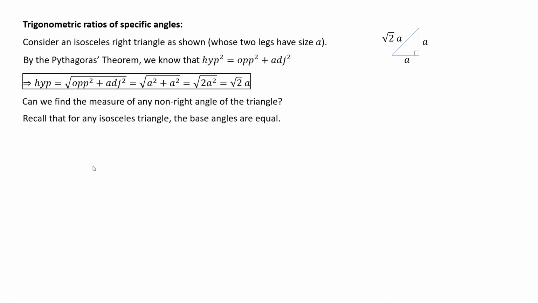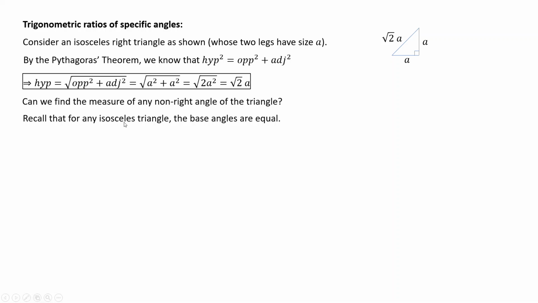Do we know what those angles should be? Can we find the measure of any non-right angle of the triangle? That question is asking, can you figure out what this angle is or that angle is? Well, I think there are ways to find that out.